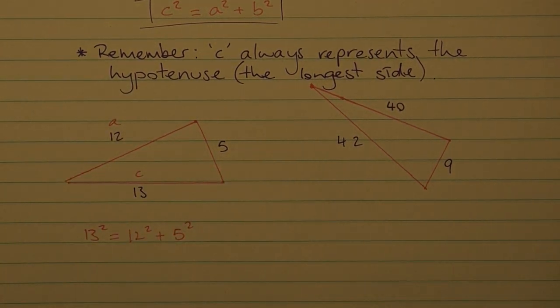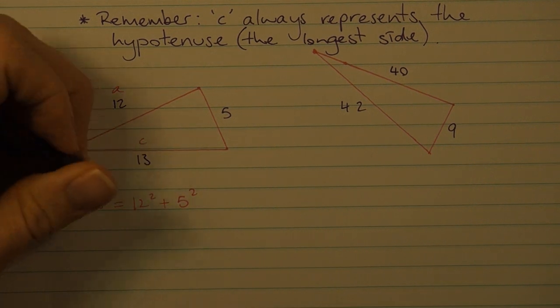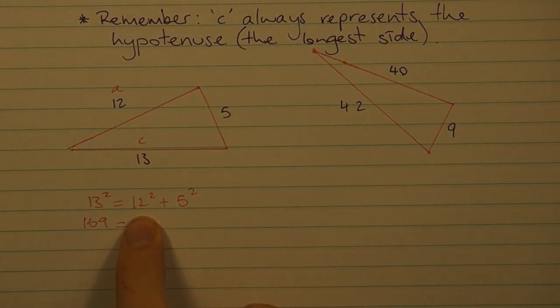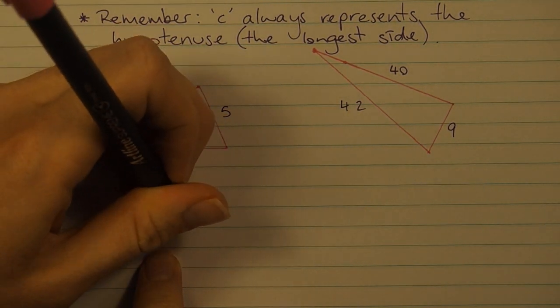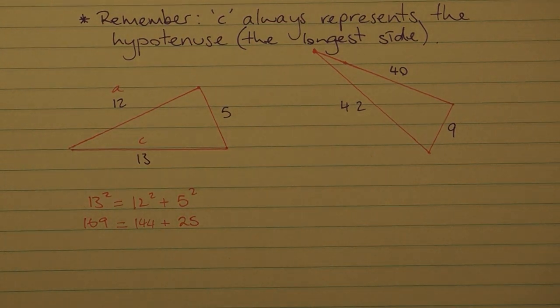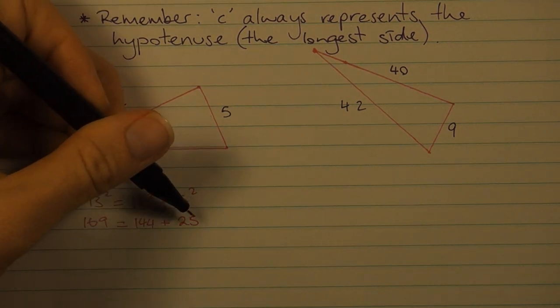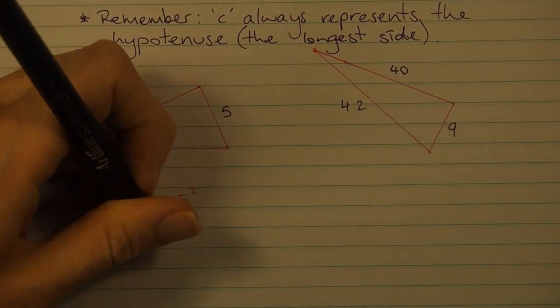In this case, 13 squared is 169, 12 squared is 144, and 5 squared is 25. This is where it's really handy to be familiar with your square numbers. So 169 is equal to 144 plus 25. Well, 144 plus 25 is, of course, 169.